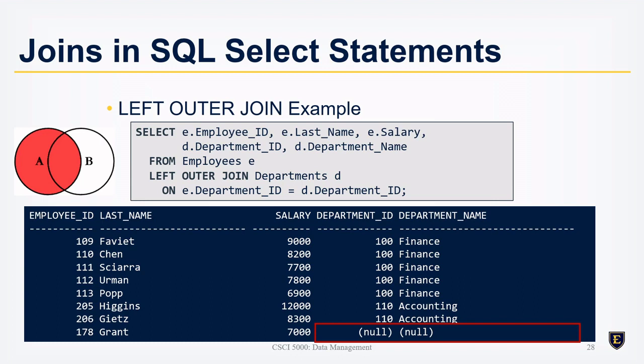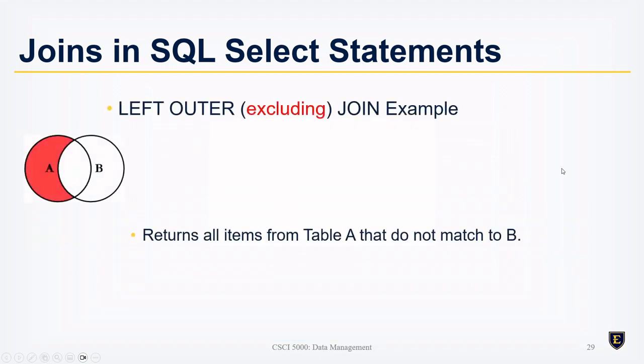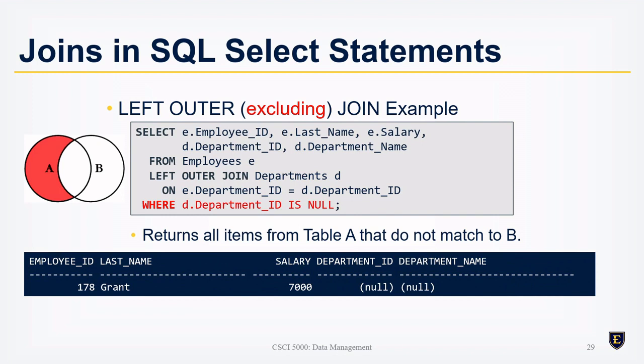So in certain cases, we want to only show things from table A and exclude things from table B completely. If we want to do that, this is called an excluding outer join, or a left outer excluding join. And what you do in a case like that is you simply add a where clause and you say where the department ID is null.